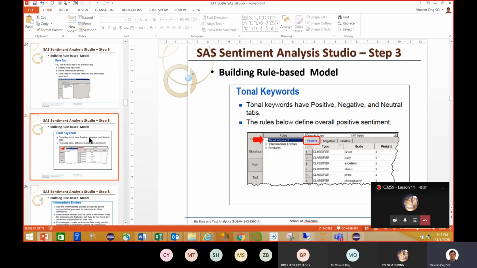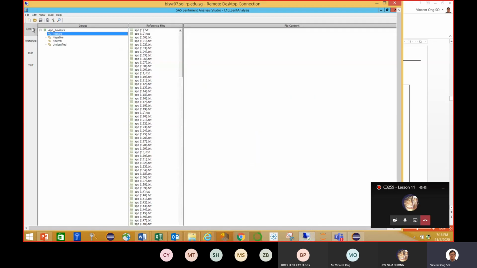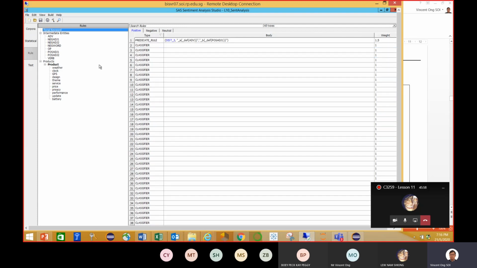All right. So first of all, we define what we call the keywords. Now, if you look at the rule base, if I right click, okay. So what are tonal keywords here?